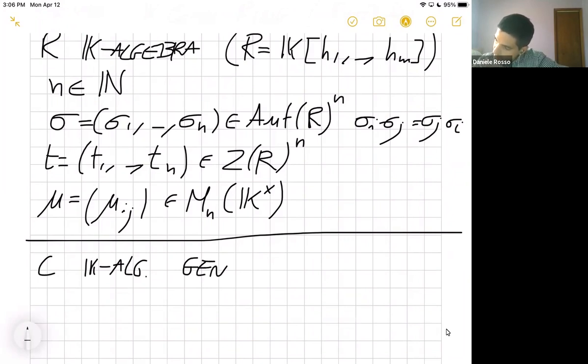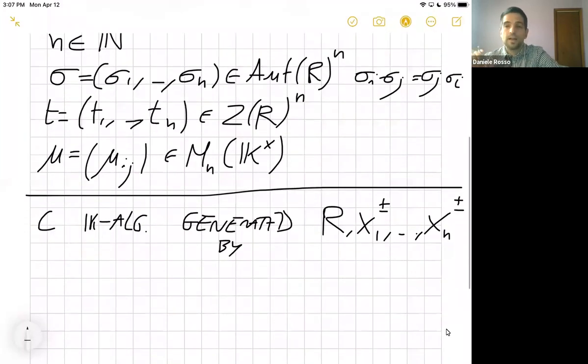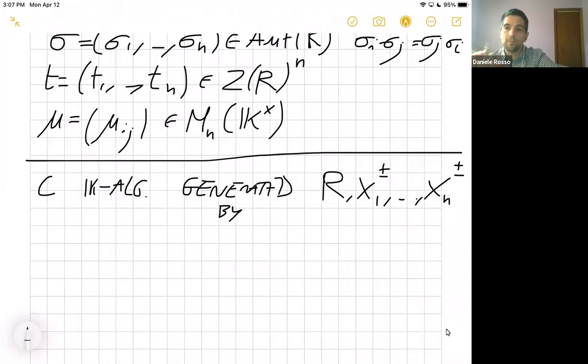It's going to be generated by the ring R, and then I take 2n generators. The 2n generators I'm going to denote by x_1 plus or minus up to x_n plus or minus. And then these generators pass through the ring R by acting with the automorphism sigma.